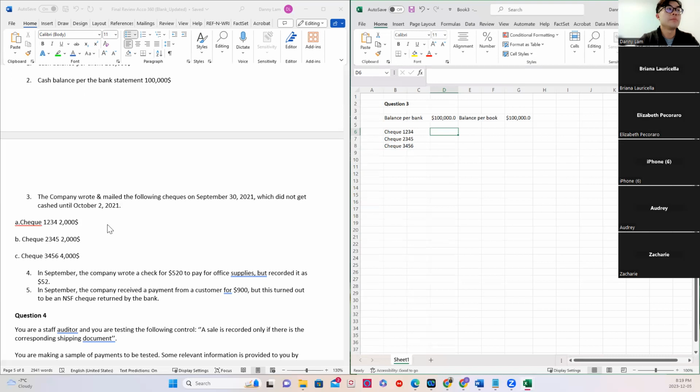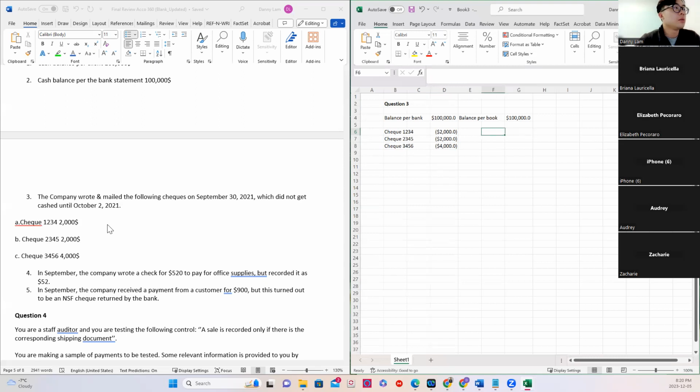Yeah, for this period they weren't cashed. So very good. Negative 2,000.